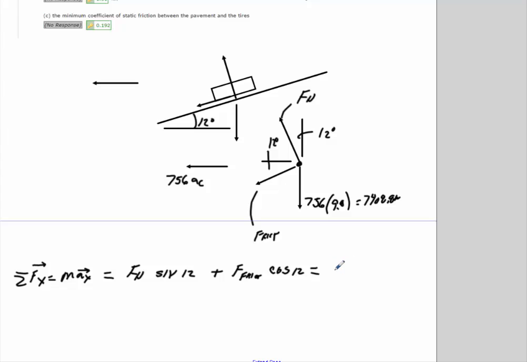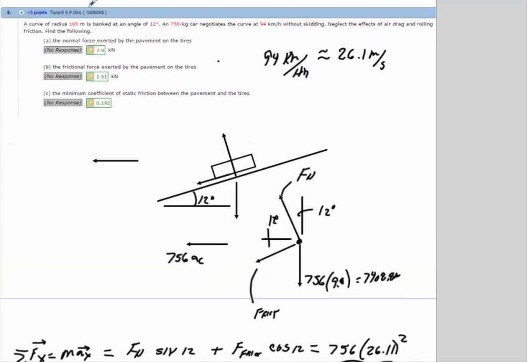And that must equal the mass of the car, which is 756, times my velocity, 26.11 squared, divided by the radius, which is 165 meters. I believe that was given in the problem up here, 165.